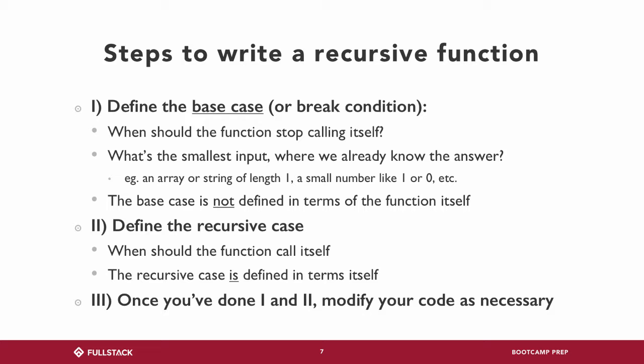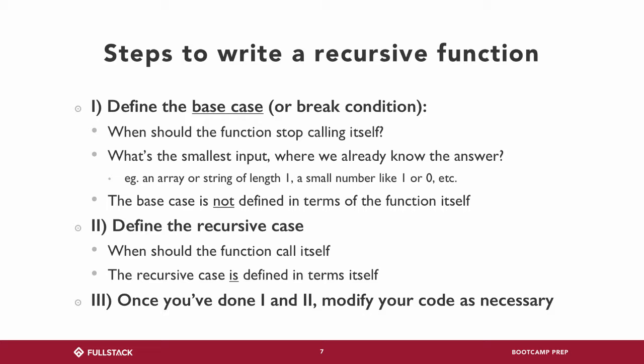And once you have the base case, you can figure out what your recursive case is. So your base case is what you want to happen when the function should end with the most simple thing put into it. The recursive case is when it calls itself, and it is defined in terms of itself.